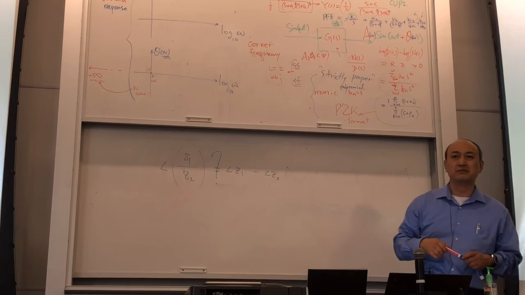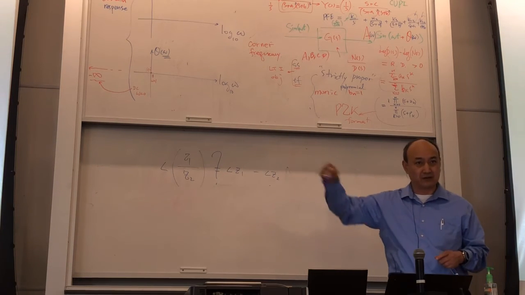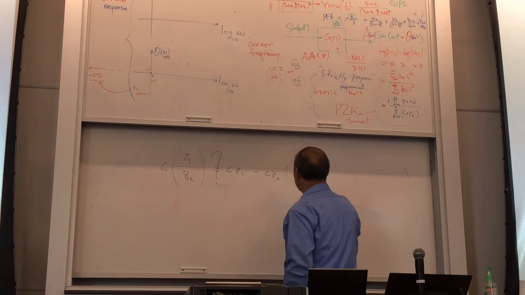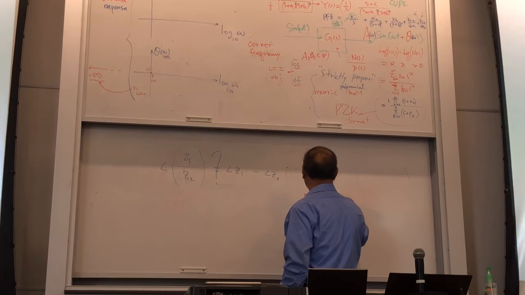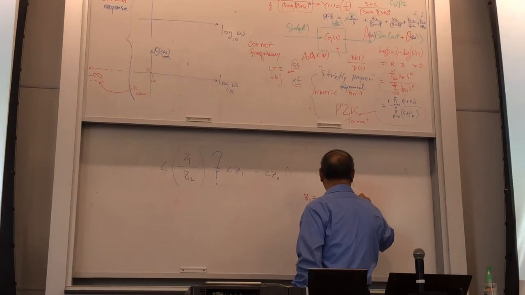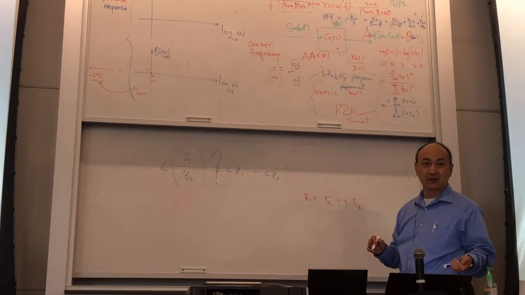If you don't know this one, then you have trouble, right? So then let me show you that z1 is the real part of z1 plus j times the imaginary part of z1. Can I write this one, right?